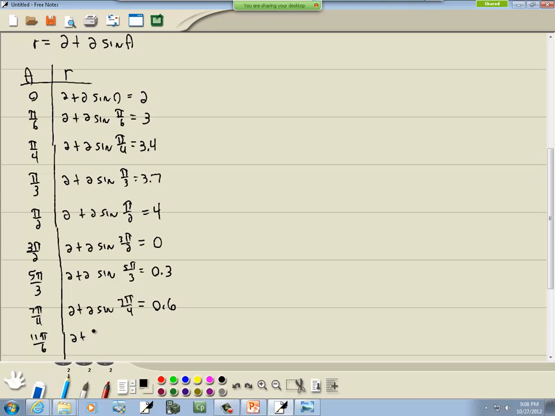And then 2 plus 2 sine of 11 pi over 6. 1. Yeah, I guess that makes sense. Okay. We know what our graph looks like. So let's see what we got so far. Okay, so 0, 2. Now 0 is not our x. This is our angle, and this is our r. So at angle 0, that's right here, and go out a distance of 2.